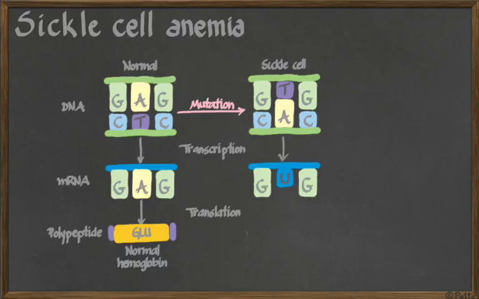So to remember, GAG in the messenger RNA becomes GUG in the messenger RNA. Okay, so in translation, GAG produces GLU, glutamate, and GUG produces valine. There is a change in one amino acid.